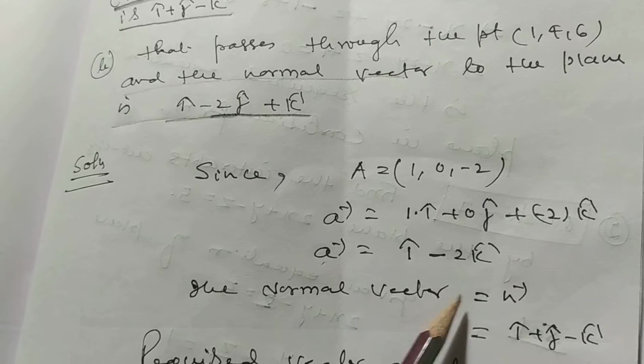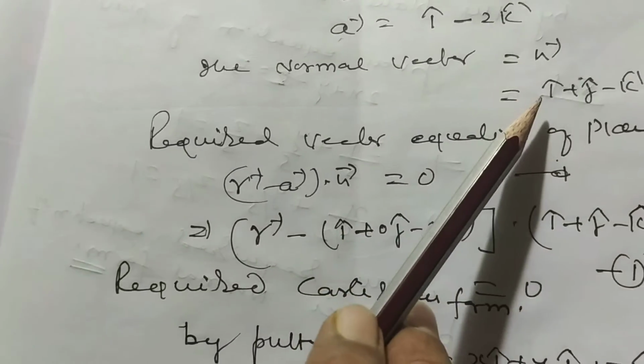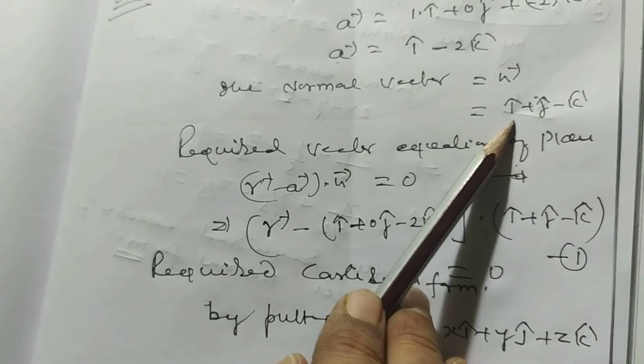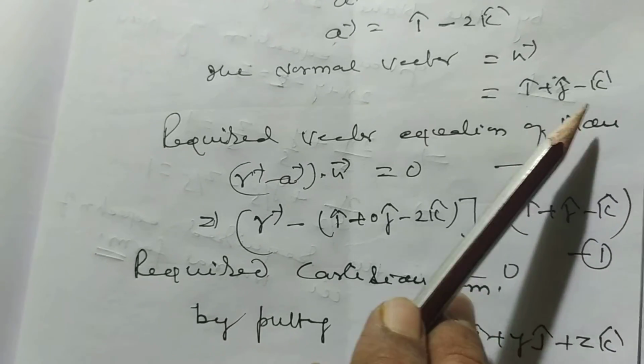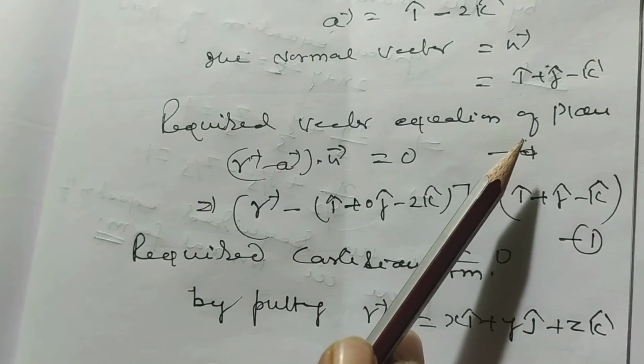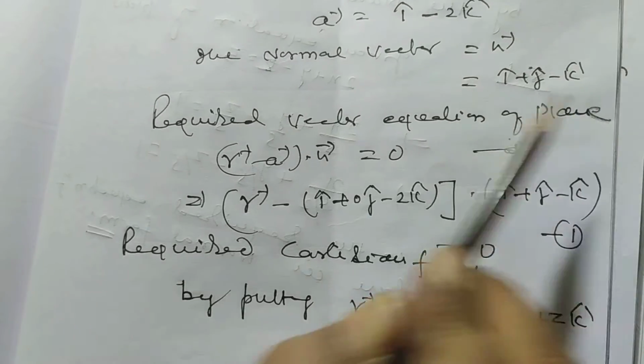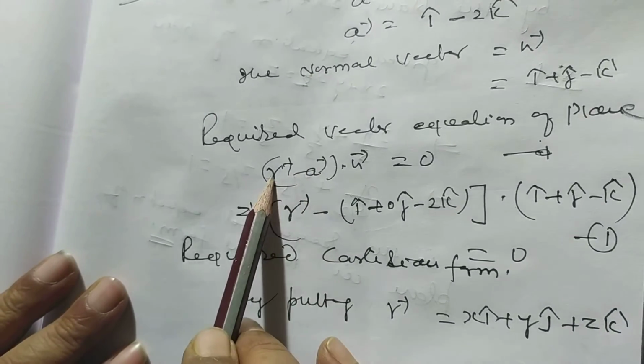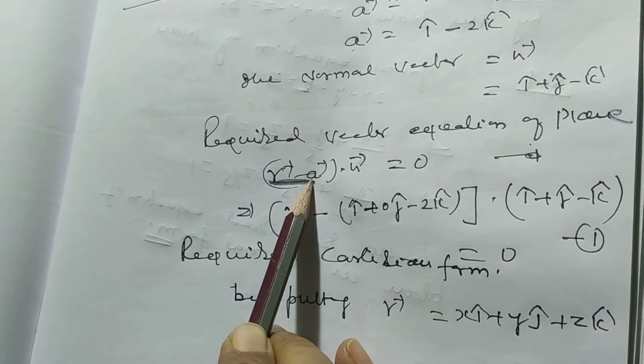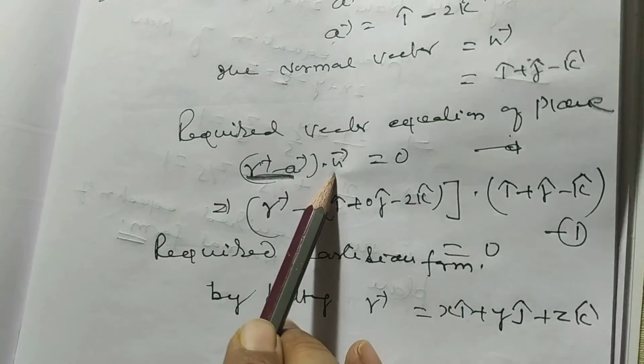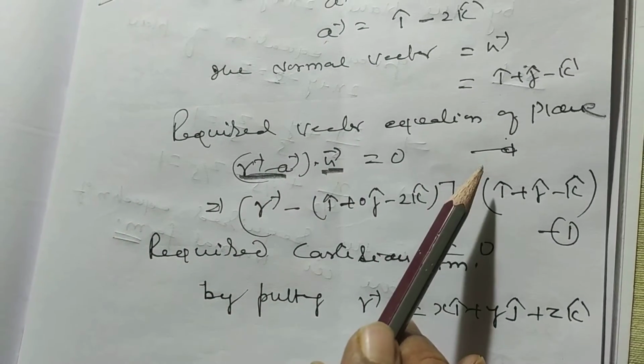Now the normal vector, suppose it is vector n, and it is given that the normal vector is i cap + j cap - k cap. Required vector equation of plane is (vector r - a), because this plane is passing through the point A, dot product with vector n is equal to 0.